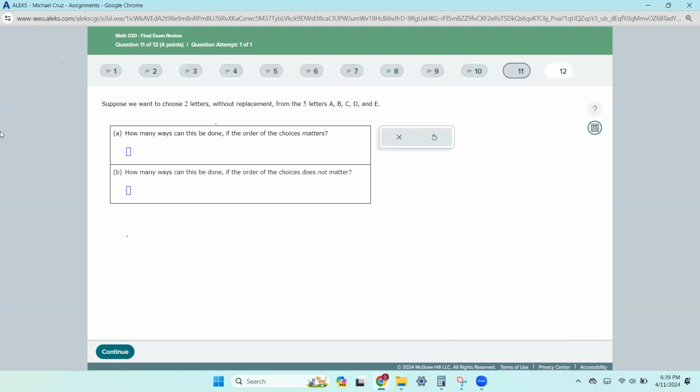So this is the one where you got to think about it. We got to establish order. So this is order matters, and this does not matter. All right, so this is the P here. That's P. And we're selecting 2 from 5. And then this is the C, same thing.